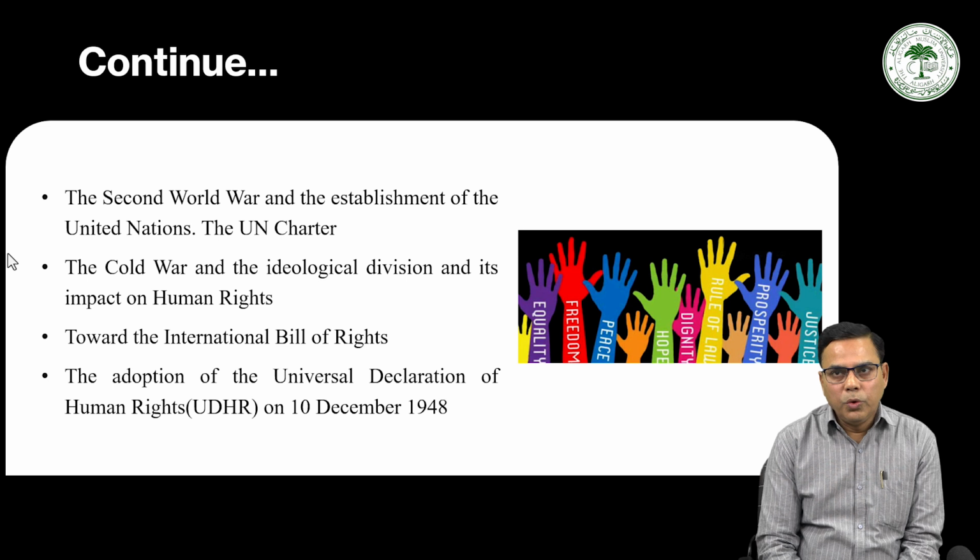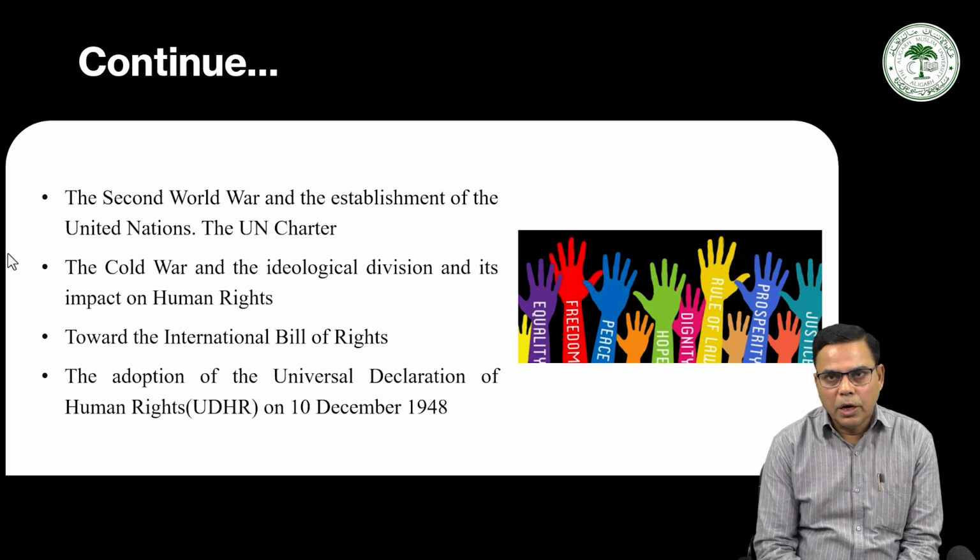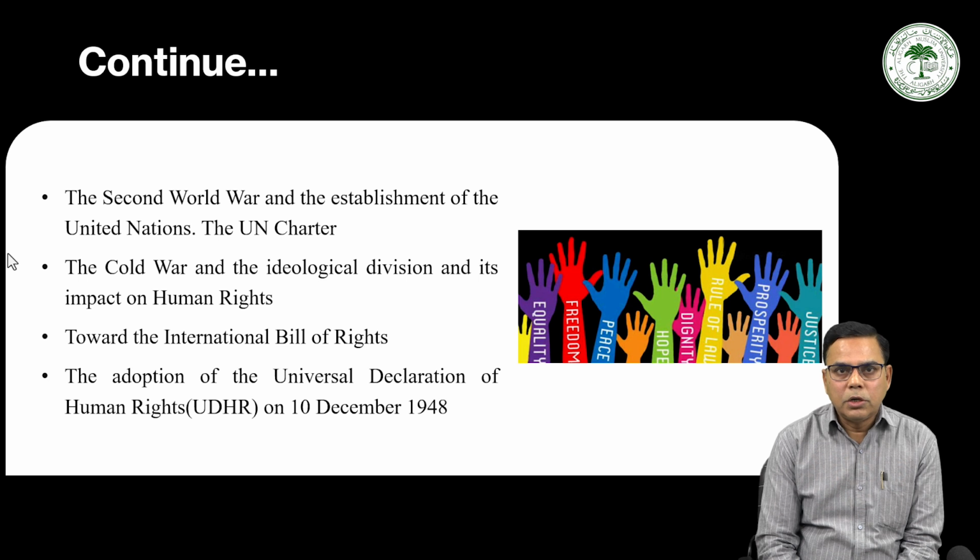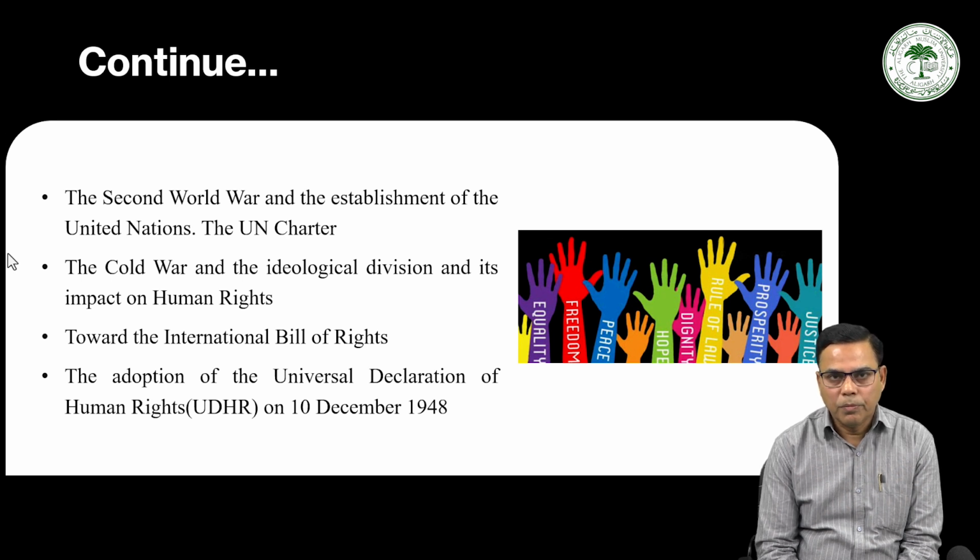As we discussed, after the Second World War, the world got divided into two hostile blocs, the capitalist bloc and the socialist bloc, and the Cold War started. The United States of America declared communism a danger, a red peril, and containment of communism was the policy unleashed by the United States.